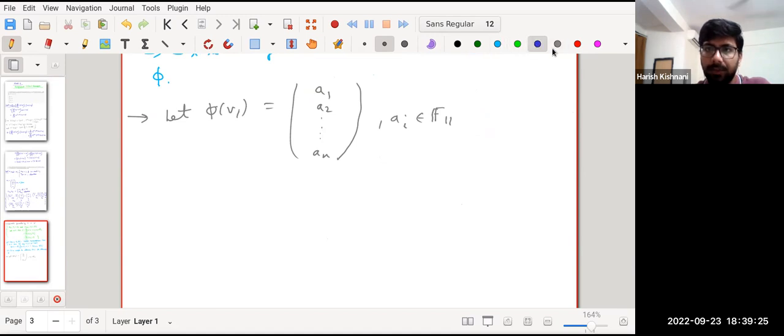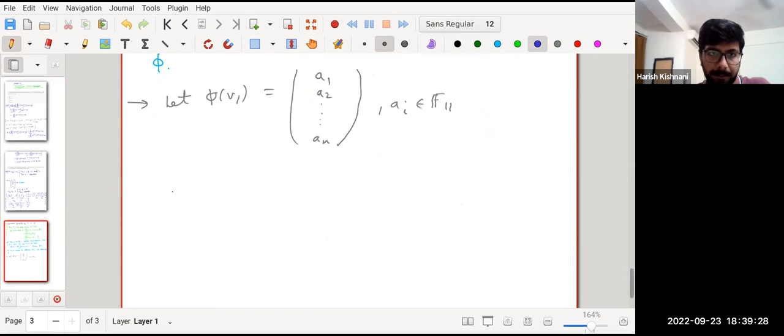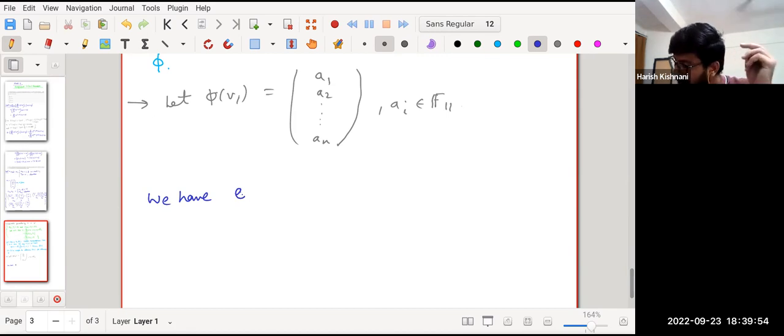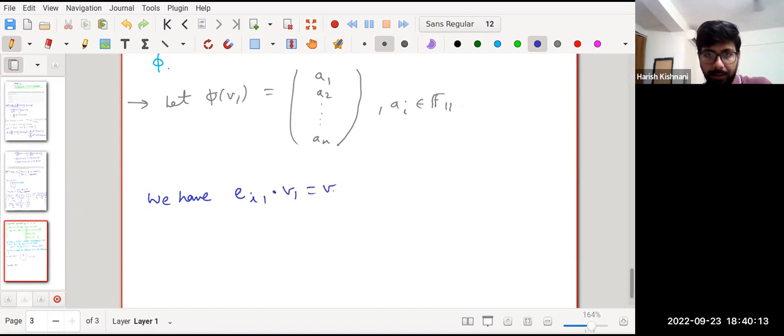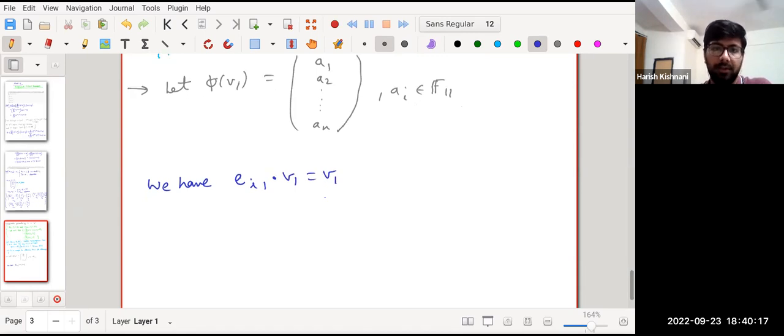What it will do, see, e of i comma 1, i1 dot v1 is vi.